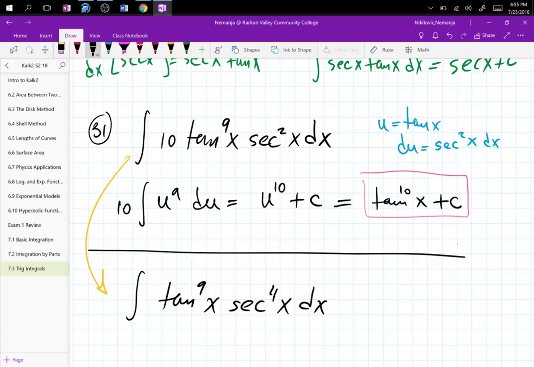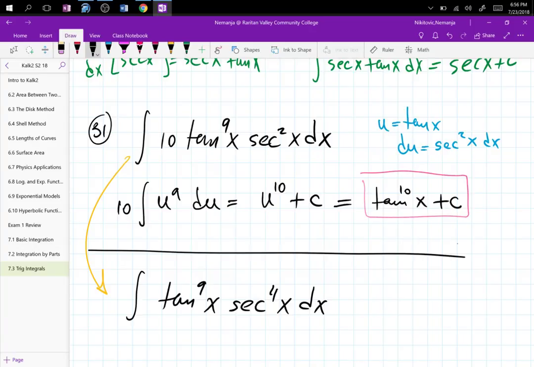Split secant to the 4th into 2, secant squared times secant squared. Great. So we're going to save one secant squared for du. What am I going to do with the other secant squared? Turn it into 1 over cosine squared?